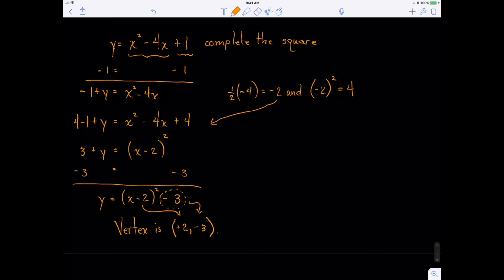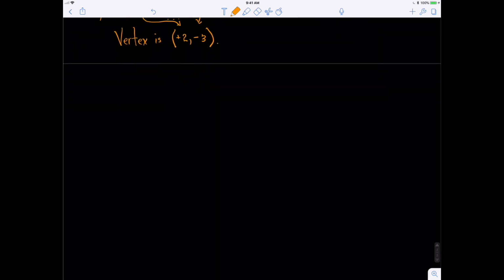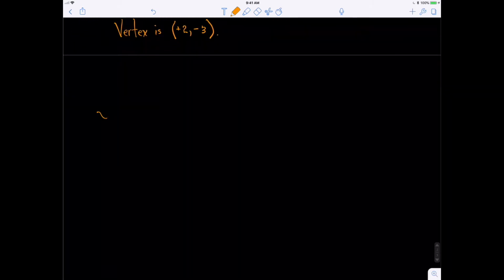So you might say, why is that so handy? Remember last time we had to keep guessing where the vertex was. But this time, when we make our table of values, let's graph this. I have x and I have y, and I know that when x is 2, y is negative 3.